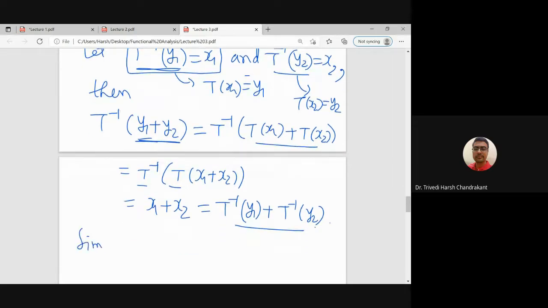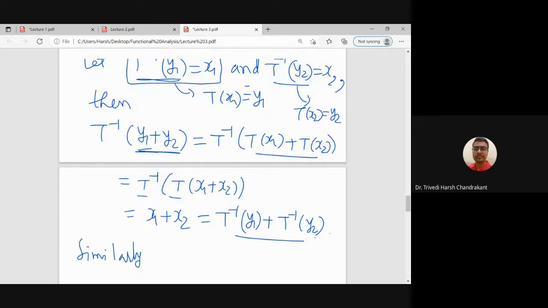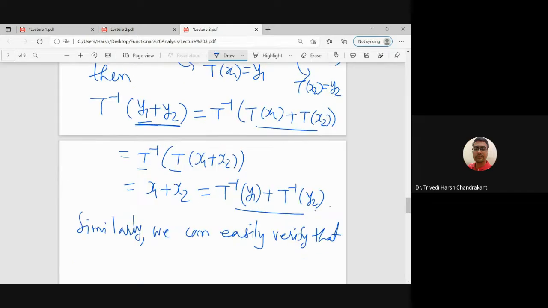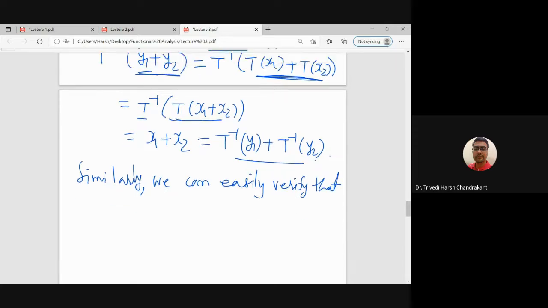Similarly, we can easily verify the other property. Here we used that T preserves addition. Similarly, we can use that T preserves scalar multiplication, and show that T inverse of k y1 is k times T inverse y1.